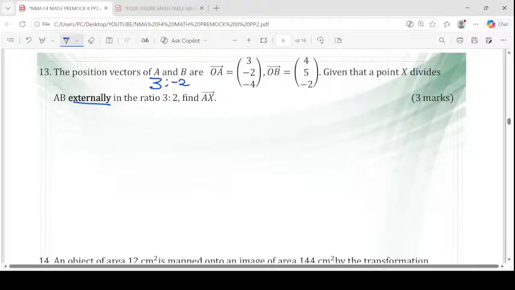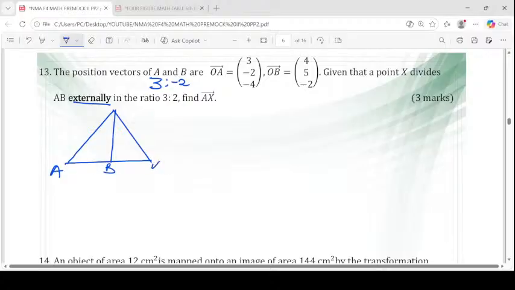So I'm going to apply what is called the ratio theorem approach in answering this question. Let me say this is my AB.